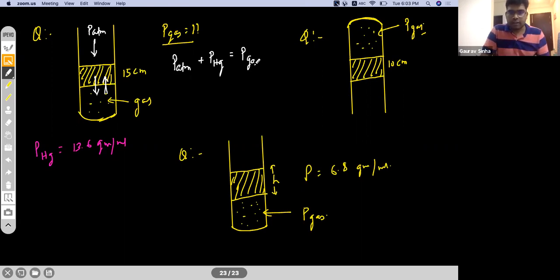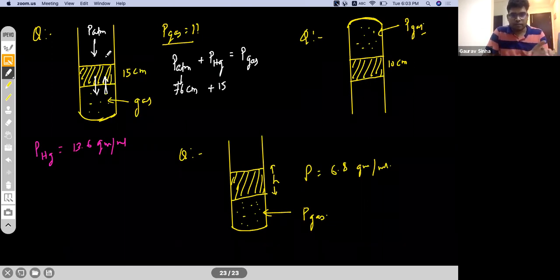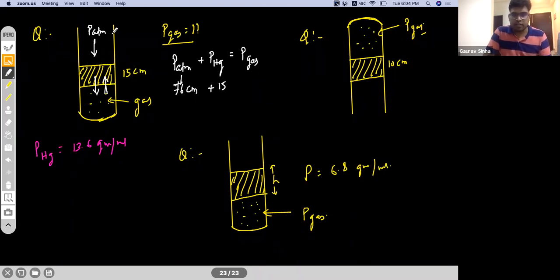Right? So you will get this. Now everything you know. We know the atmospheric pressure is 76 centimeter of Hg, and plus 15 centimeter of Hg is also present, because we have only 15 centimeter of Hg. So we have 76 centimeter upward plus 15 centimeter this.